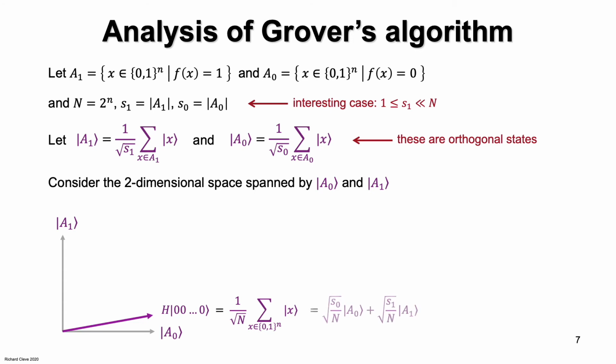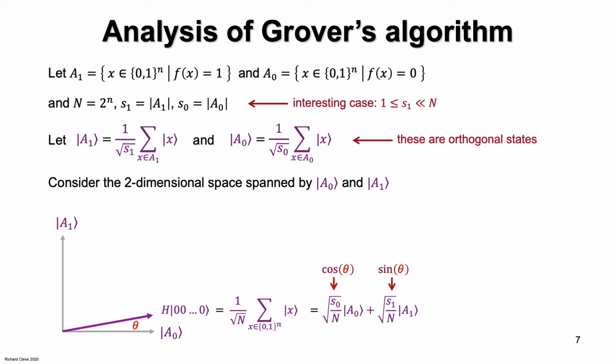It's a linear combination of ket A0 and ket A1 with respective coefficients, the square root of S0 over n and the square root of S1 over n. These coefficients are the cosine and sine of some angle that we'll call theta. In the case where S1 is greater than or equal to 1 but much less than n, theta is a very small but positive angle.